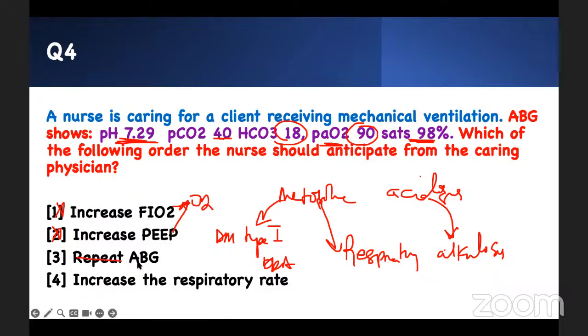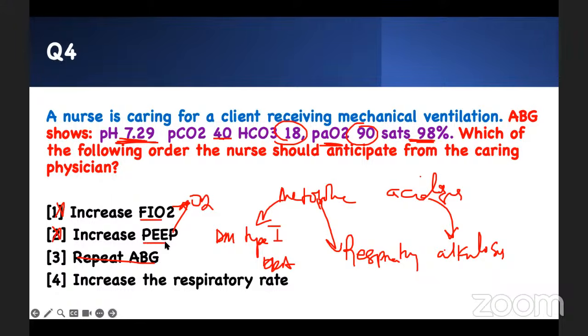Repeating ABG is irrelevant. I answered the question without worrying too much about other stuff. I know the PaO2 is 90, saturation is 98. They are all normal. There's nothing I can do for this patient to increase their saturation.